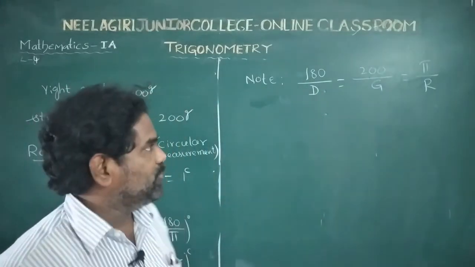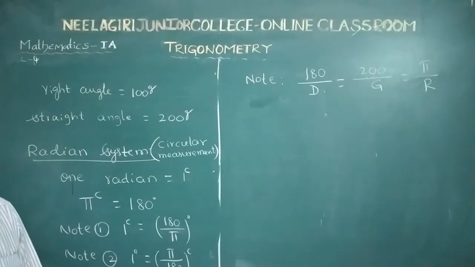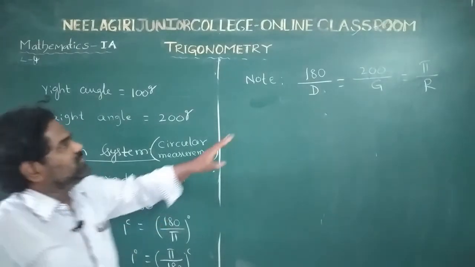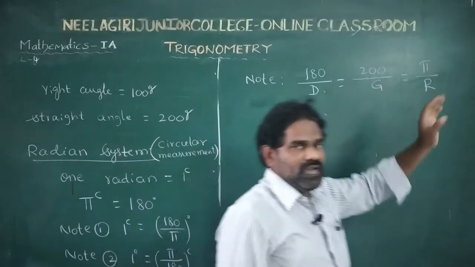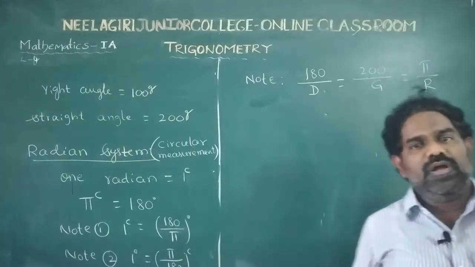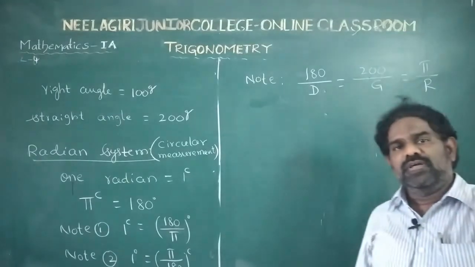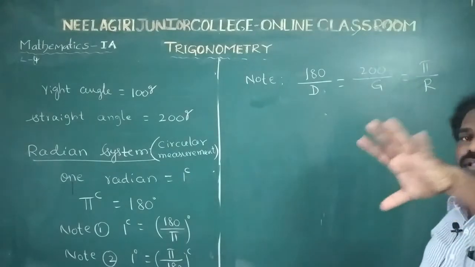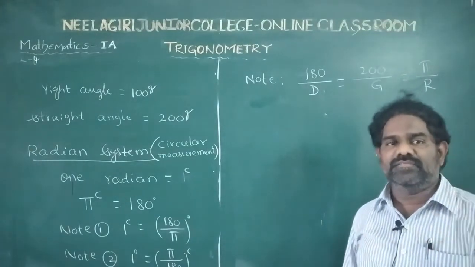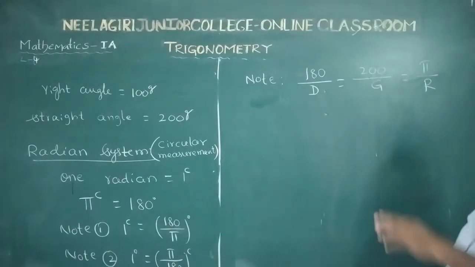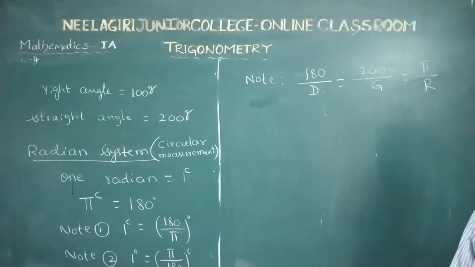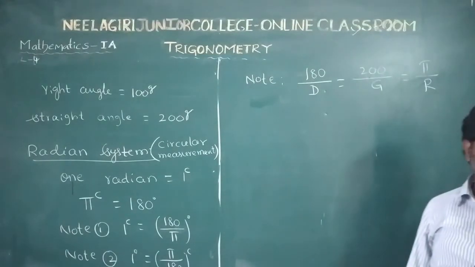All these represent the straight angle. Understand? 180 degrees is a straight angle, 180 means how much? Pi radians. This relation is useful to convert radians into degrees, degrees into radians, grades into degrees, grades into radians.